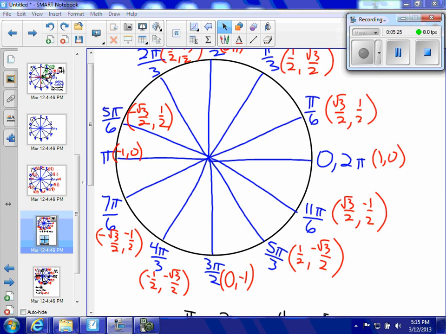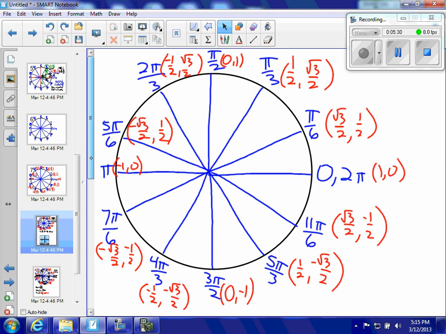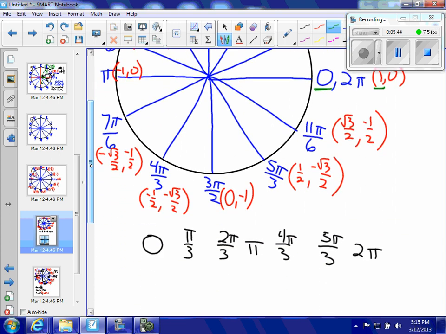Let's look at one more thing on this that's kind of interesting. Let's look at my values of cosine. So when my angle is 0, my cosine at angle 0 is 1. So I'm going to write that down. I made a little chart. So at 0, it's 1.